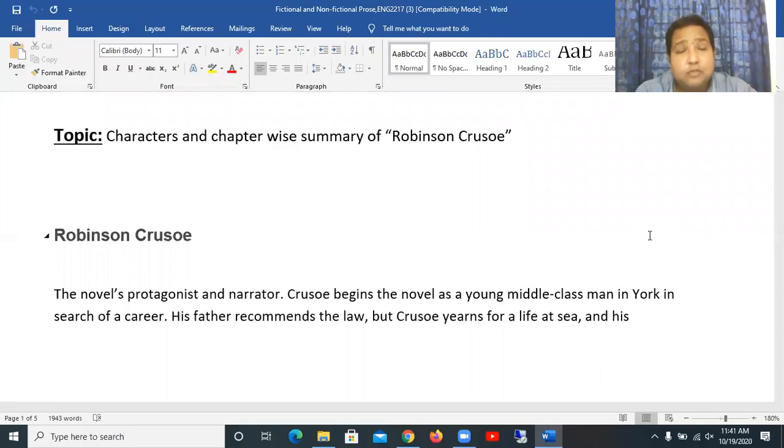So, after discussing the life of Daniel Defoe, we came to know that he has a tendency, he has a tenacity, he has an interest in adventures, and he wrote about Robinson Crusoe, and the context was taken from Alexander Selkirk, a mariner from Scotland.